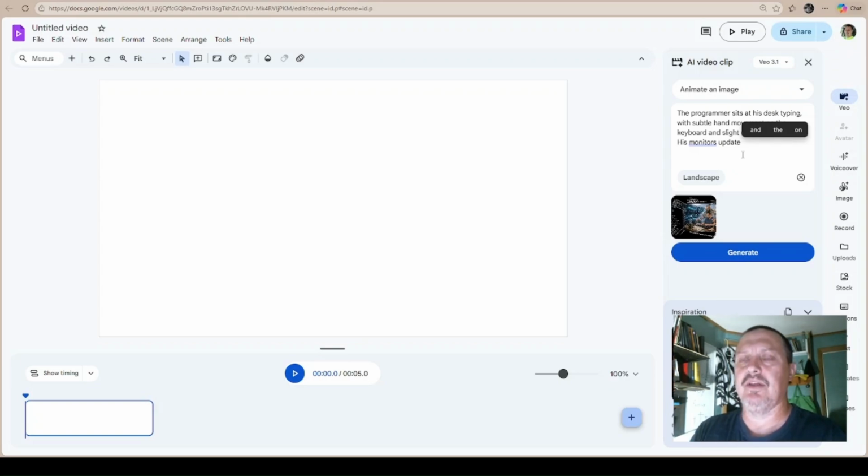So I ran it by there, did a couple iterations with it, and Copilot added what I'm typing right now: his monitors update with glowing code and charts. I figured that the code I have in the picture would already be good enough, but we'll see.